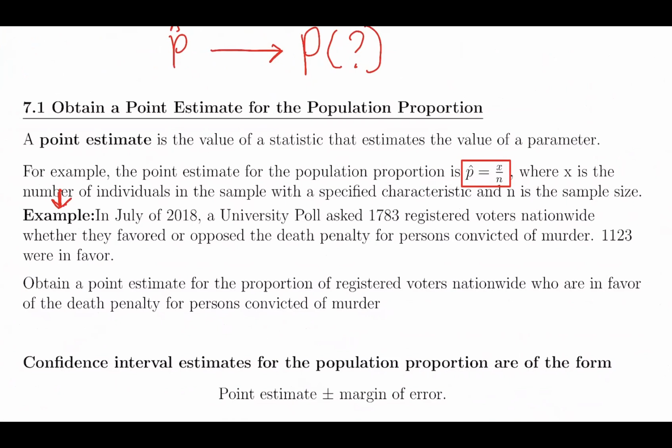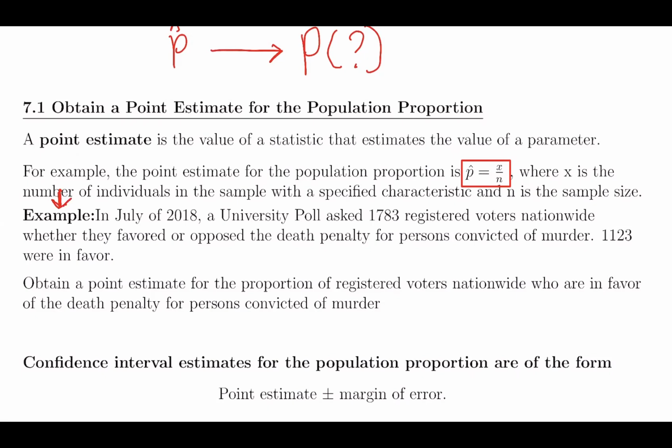Okay. Thank you, Alondra. All right, so for this one: in July of 2018, a university poll asked 1,783 registered voters nationwide whether they favor or oppose the death penalty for a person convicted of murder. 1,123 were in favor.